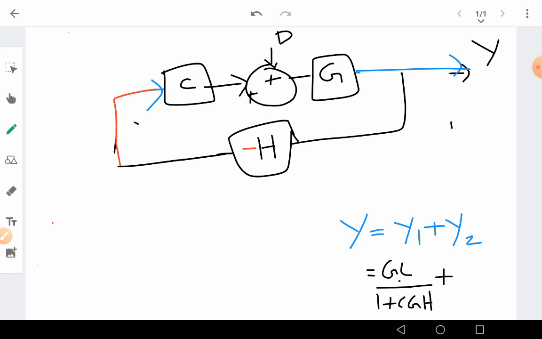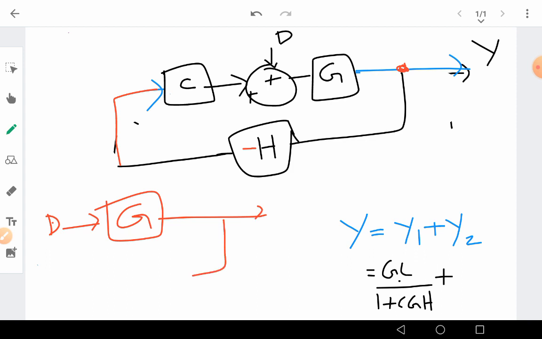Now how will the simplified diagram look? We can draw the same thing with D as the input, with G as the forward gain, and C and H in series, so C into H, with a negative sign, minus CH, again adding to the D input. This is the new block diagram.